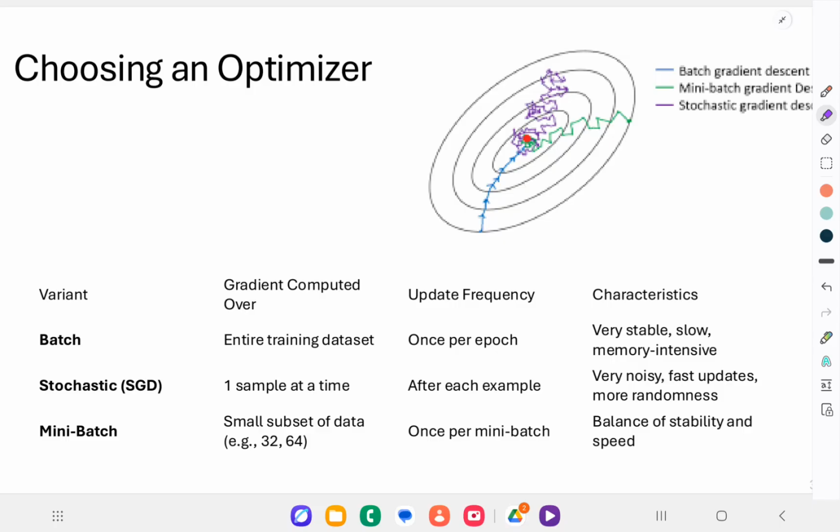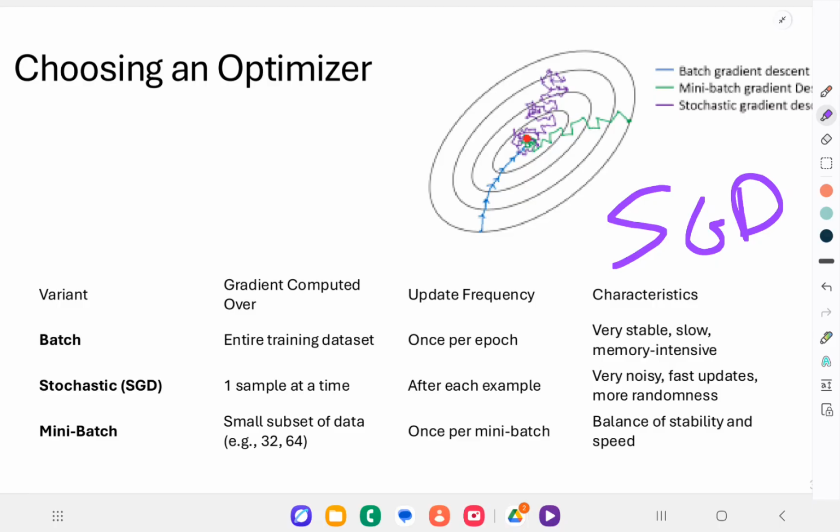We have the stochastic gradient descent, the SGD. This one uses the raw gradient. It's simple and computationally efficient, but it can be noisy and slow to converge, especially when gradients oscillate.